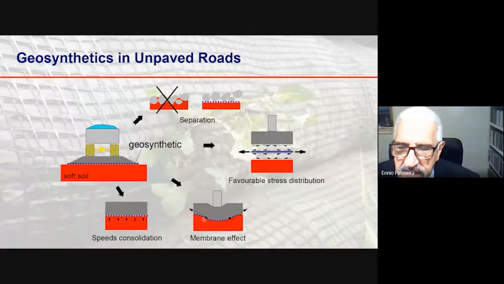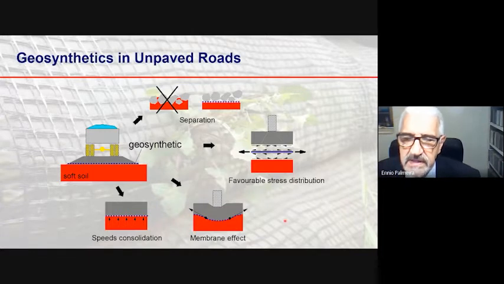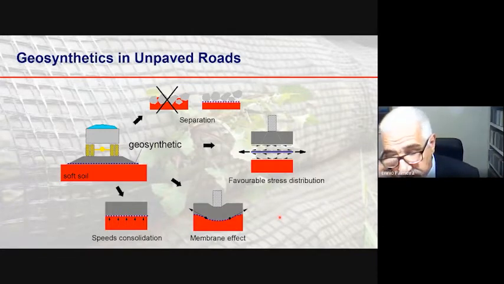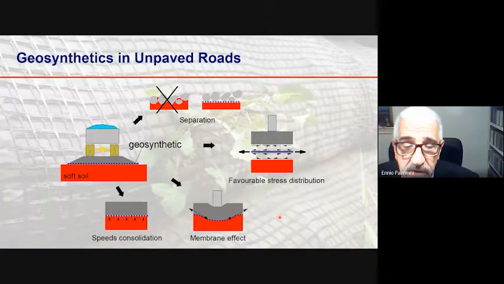As the reinforcement deforms with the deformation of the fill, it is stretched, so it develops tensile forces, and the vertical components of these tensile forces provide additional resistance to the continuing settlement of the fill material. So this is called the membrane effect. So this reduces the deformability of the road.